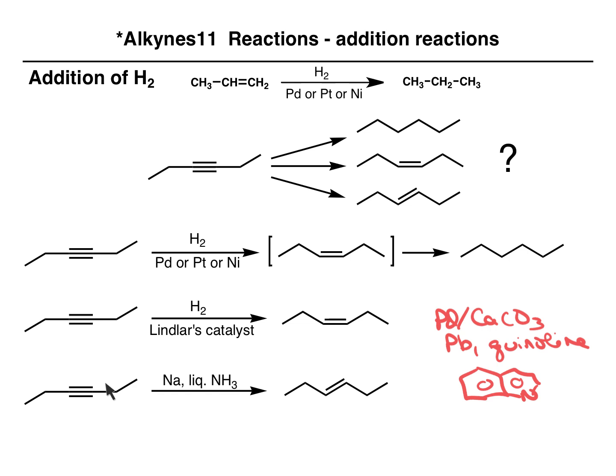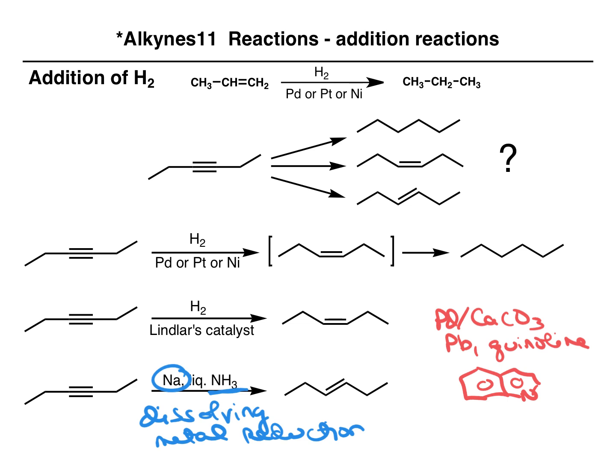What if we start out with a small alkyne and we alkylate it, but then we want the trans alkene? Well, there is a different set of conditions, and this uses sodium metal along with liquid ammonia, and this is called a dissolving metal reduction.